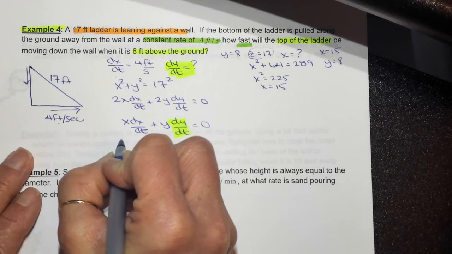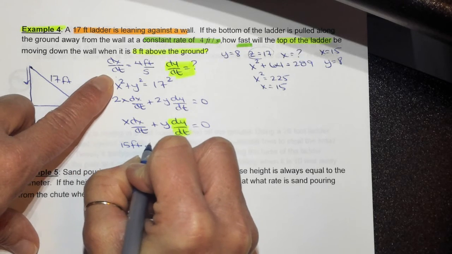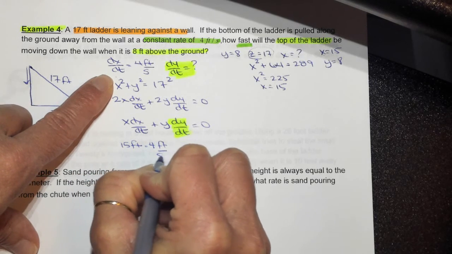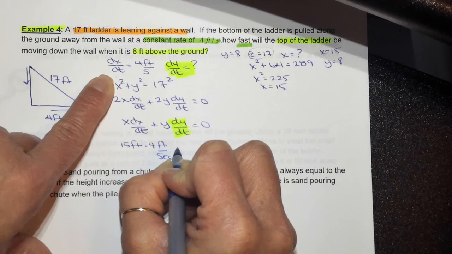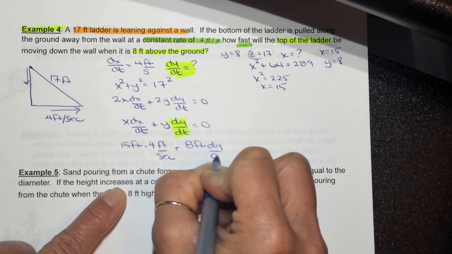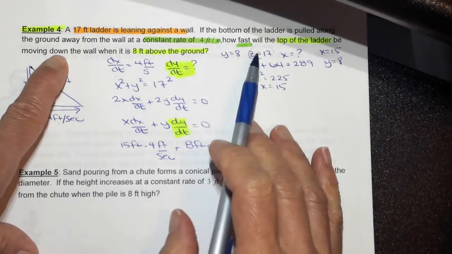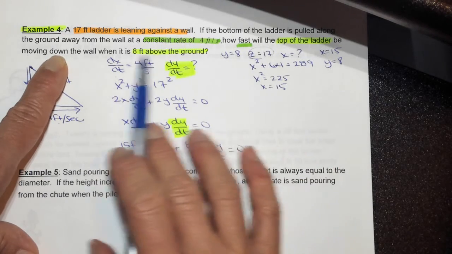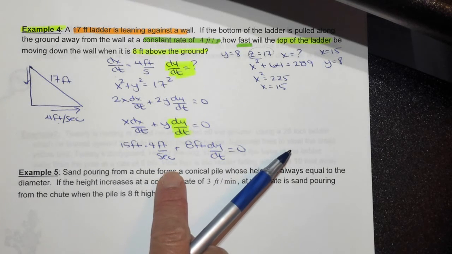So x is 15 feet, dx/dt is 4 feet per second, and then we also have y of 8 feet, and we have dy/dt. Now, this is moving down the wall, so that implies that my answer will be negative.